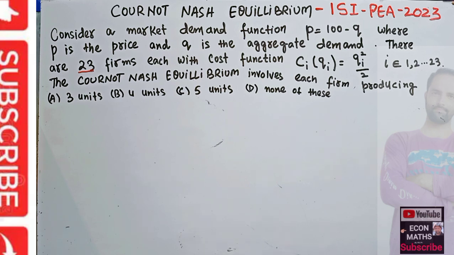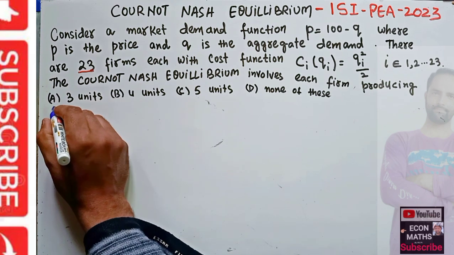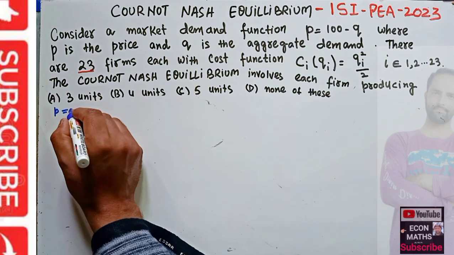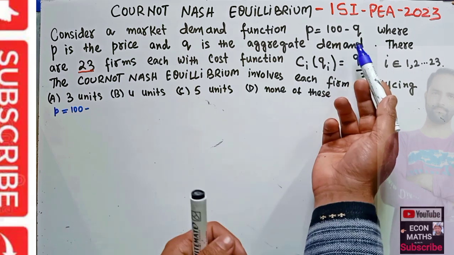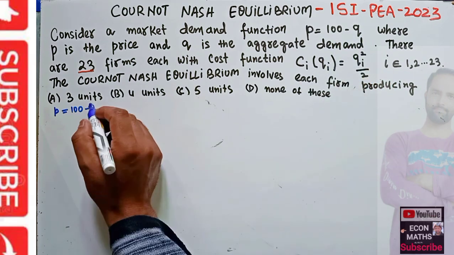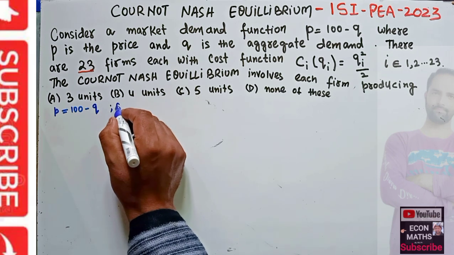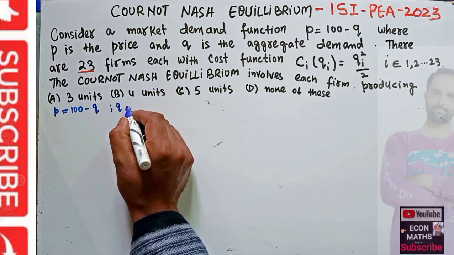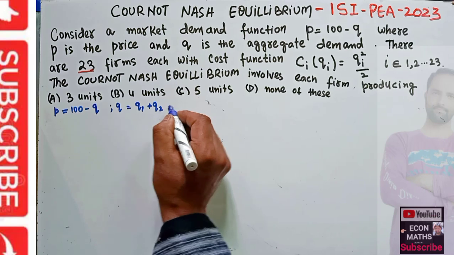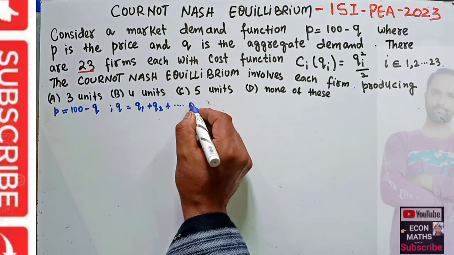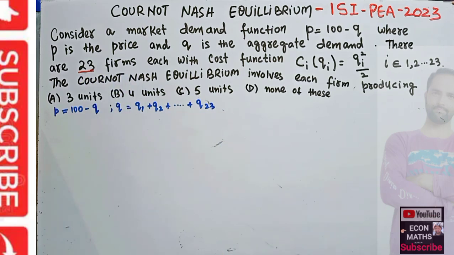So what we are being given here, let us see. We are being given the inverse demand function, that is, the market demand function: P is equal to 100 minus Q, where Q is the aggregate demand. Now this Q is actually equal to Q1 plus Q2 plus so on up to Q23, because we have 23 firms here.